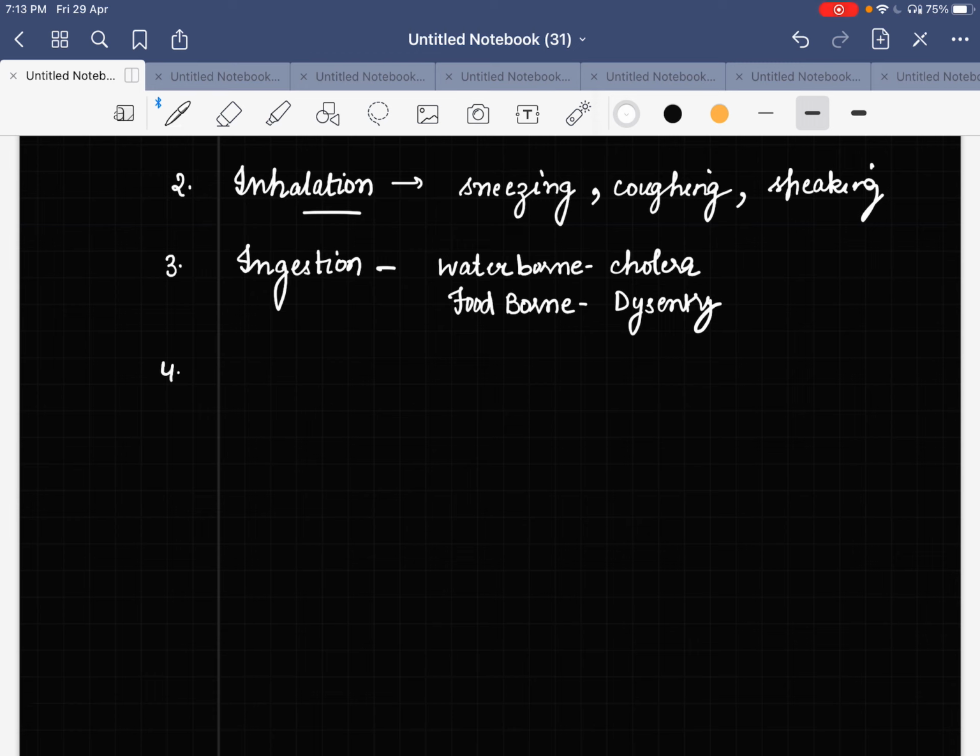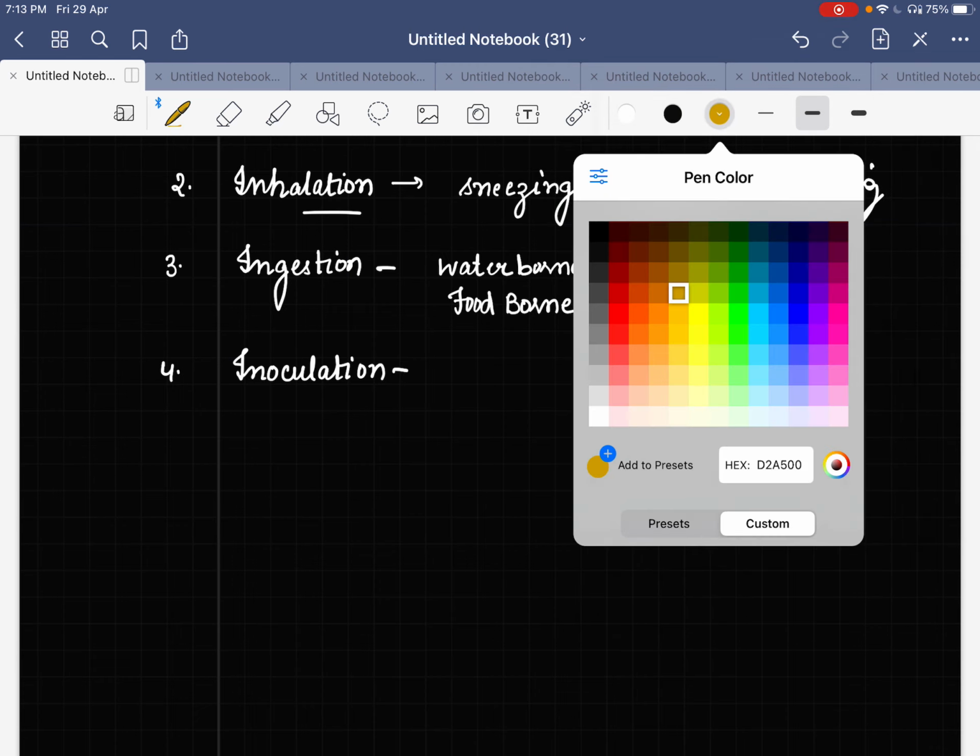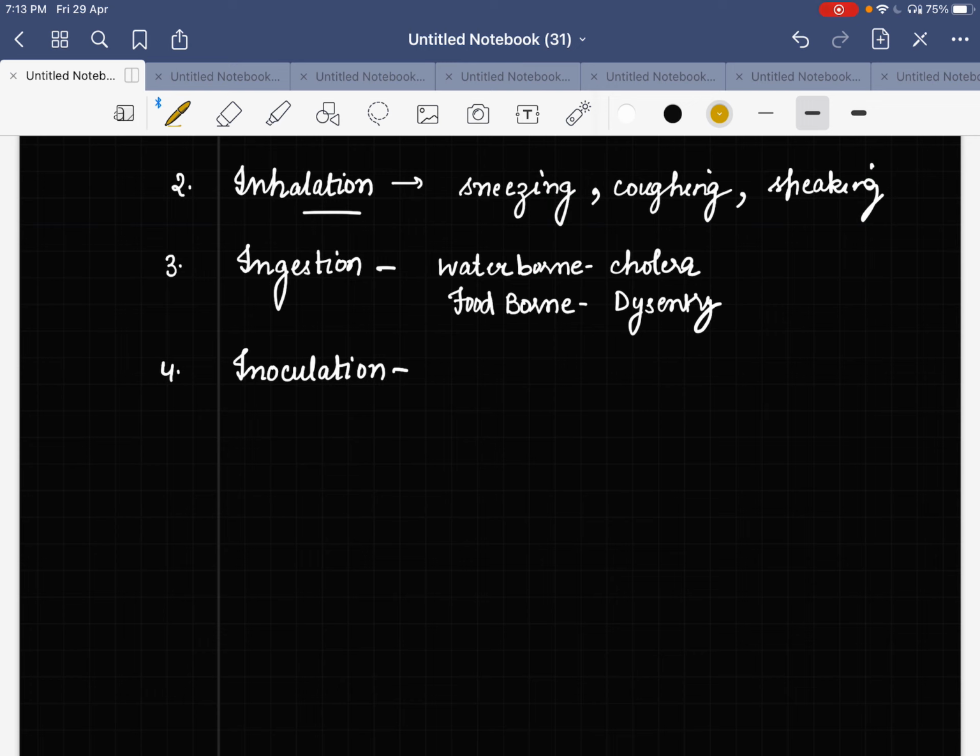The fourth method is inoculation. Now, in the method of transmission of inoculation, the microbe is directly induced into the tissue through a cut or a wound or a breach in the skin.